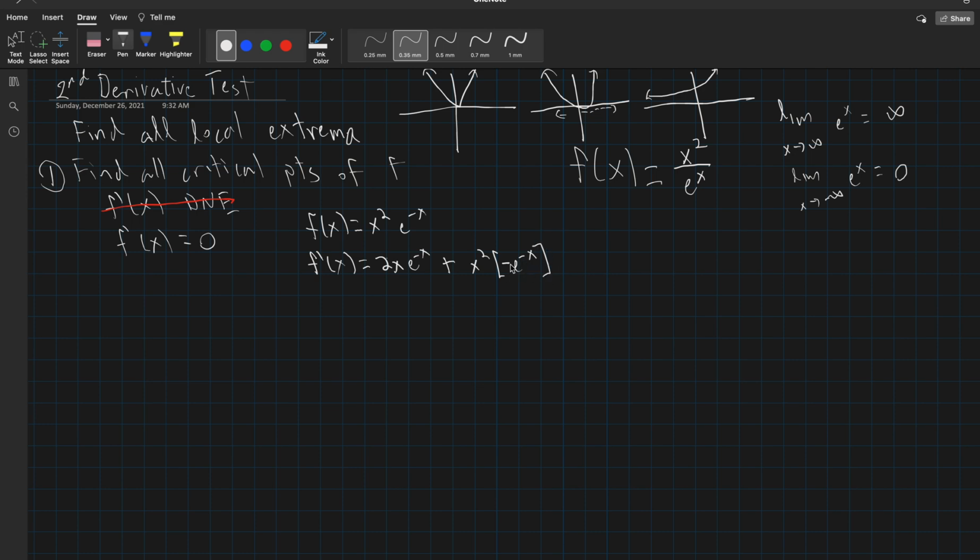Important to remember the chain rule. So now that we have our first derivative, we can simplify this further and factor out an e to the negative x multiplied by 2x minus x squared.